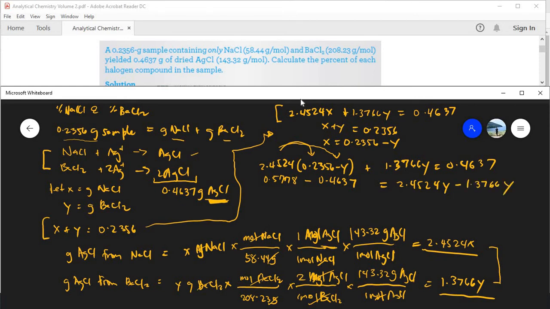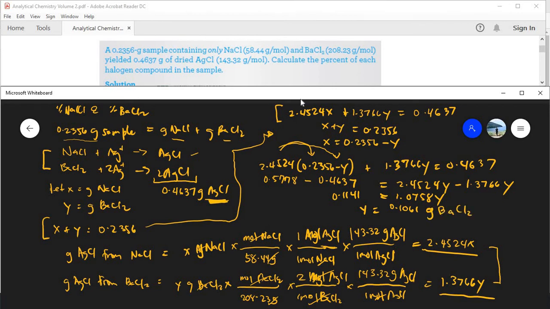I combined the similar terms directly, which gives 1.0758y. The left side, 0.5778 minus 0.4637, is 0.1141. So y is equal to 0.1061, which is the grams of BaCl2.